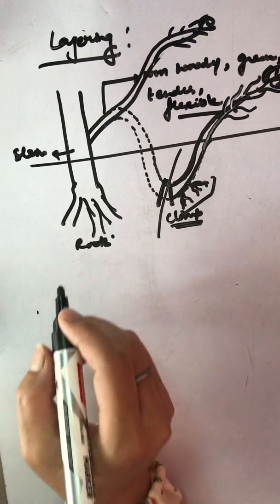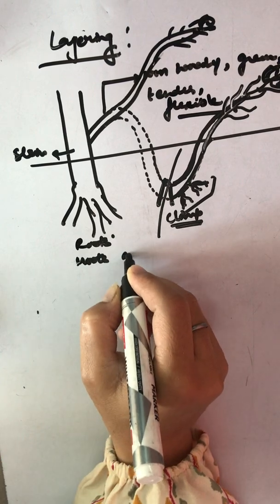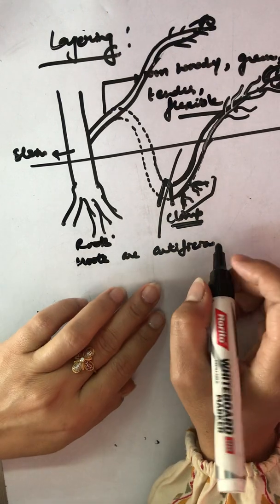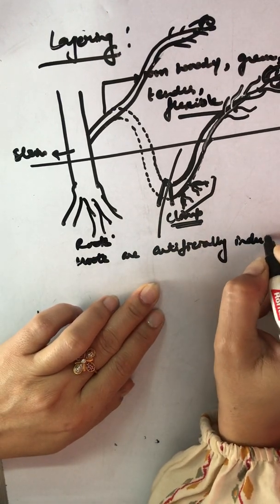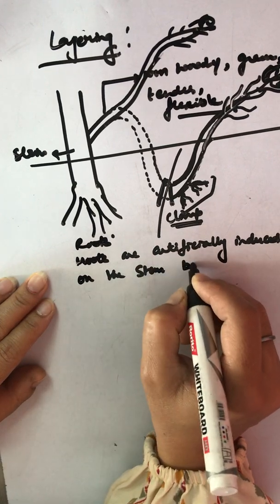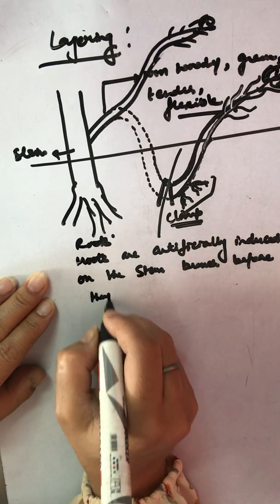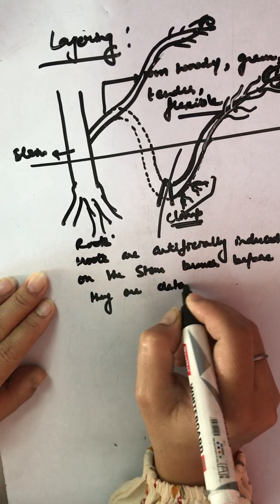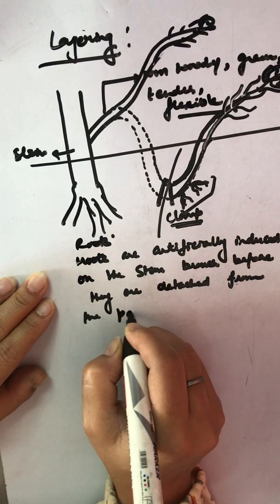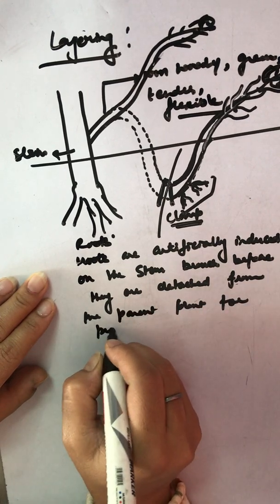This is done when roots are artificially induced on the stem branch before they are detached from the parent plant for propagation.